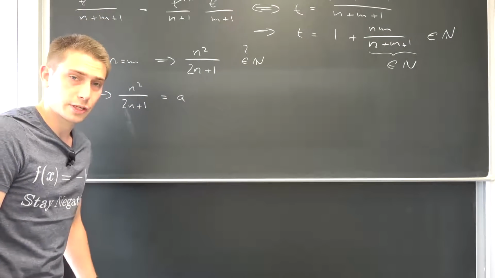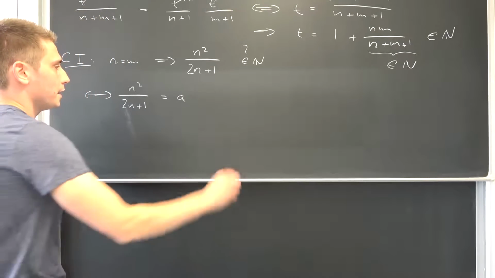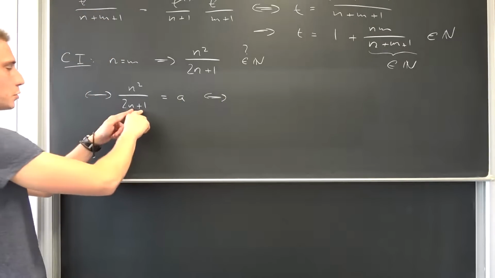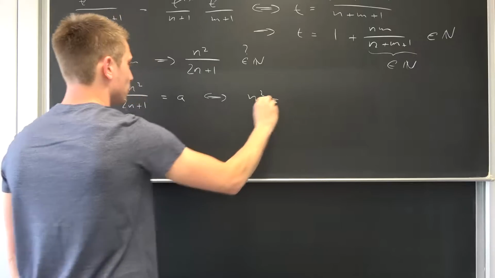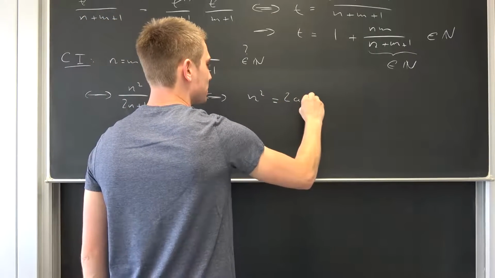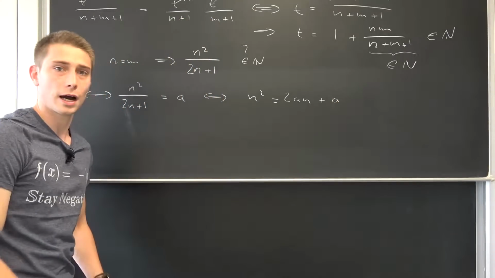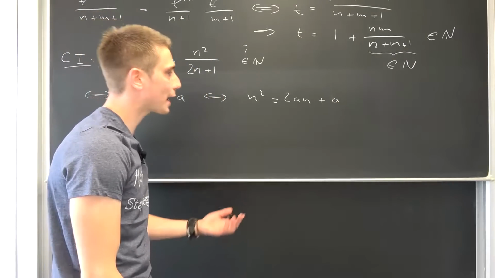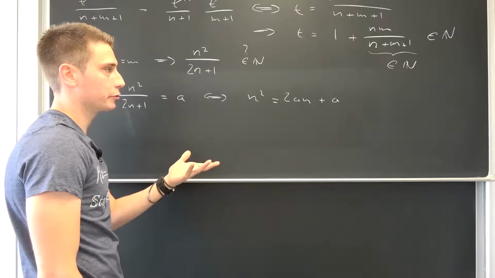Okay, elementary number theory, here we go. A lot of case studies, a lot of handiwork to do. Now we can multiply both sides by 2n plus 1, it cannot be equal to 0. I hope you can see why this is the case. Thus, n squared is nothing other than 2 times a times n plus a. Now, I would like to do some simple manipulations. So what I thought when I first did that, well, it kind of looks like the binomial theorem already.